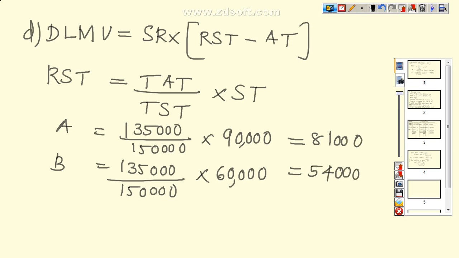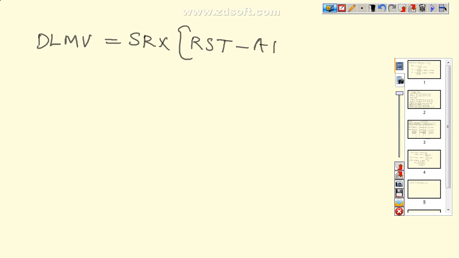After calculating RST, we have to substitute these values in the main equation, that is direct labor mix variance is equal to standard rate multiplied by RST minus AT.